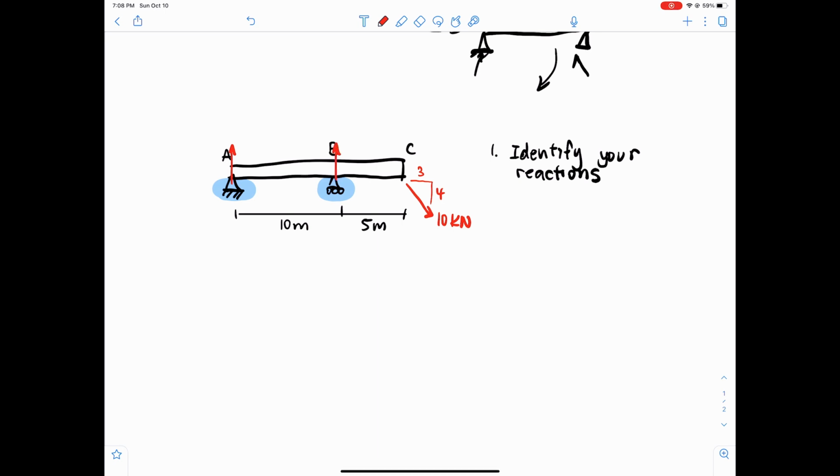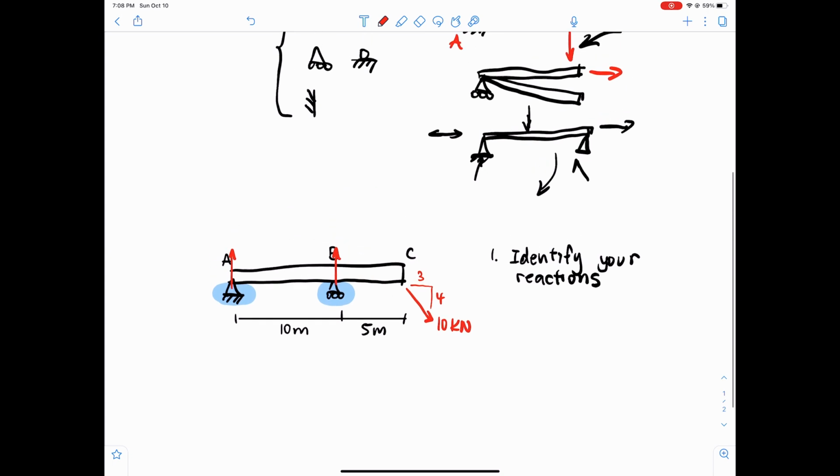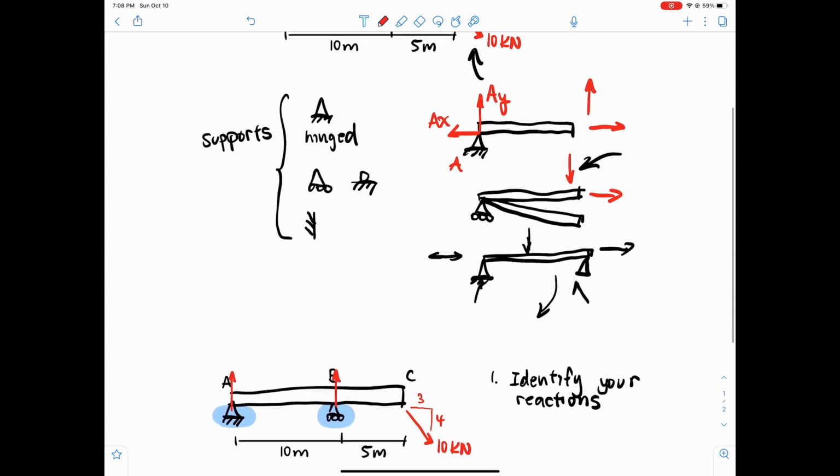Basically what we're going to do is ask, what do those resist? If we look back here briefly, we can see that the hinged one stops all forces applied in the vertical and the horizontal direction, but it does not stop any rotation.